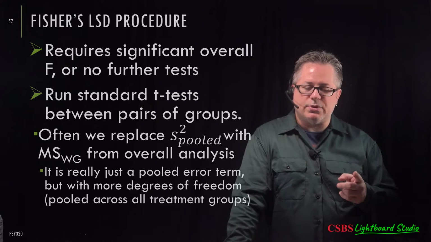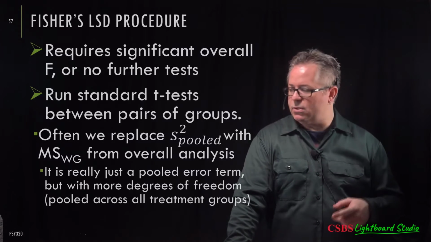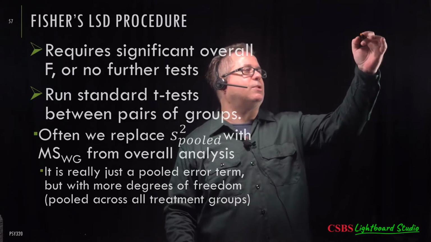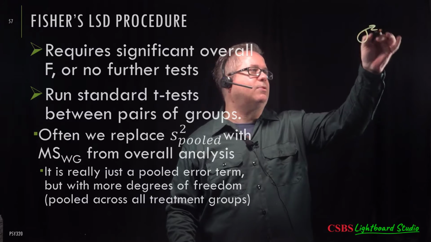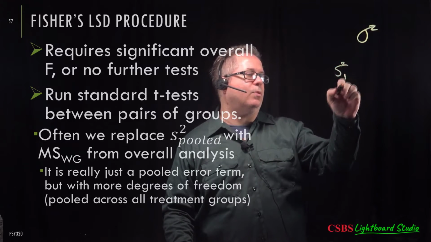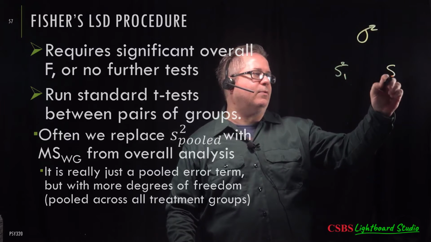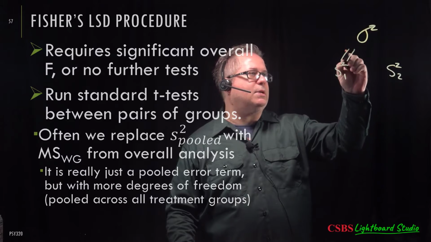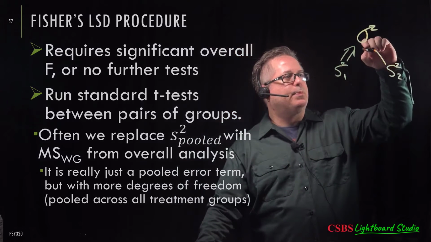So with the independent samples t-test, we had two independent groups, and the logic was, well, each of those groups is estimating the population. So if this is our population, we have a population variance, and we have some variance from one group and a variance from another group. Each of those is estimating the population.